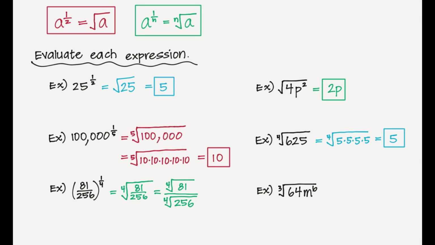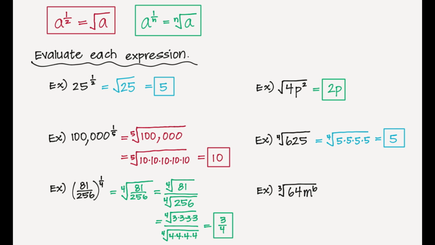Again, these are things that you probably don't know by heart, but for 81, I know that that's 9 times 9, which is 3 times 3 times 3 times 3. And I know 256 is 16 times 16, which is 4 times 4 times 4 times 4, which in the end will simplify to the fraction 3/4.